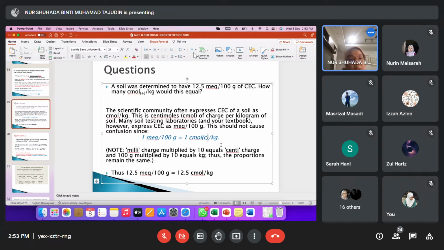Senang. Just 12 MEQ, but you have to remember, 1 unit is over 100 gram, dia memang tetap macam ni. When you want to express a CEC, you can either choose this or this. However, 50 MEQ over 100 grams of soil is equal to 50 centimoles per kg of soil.